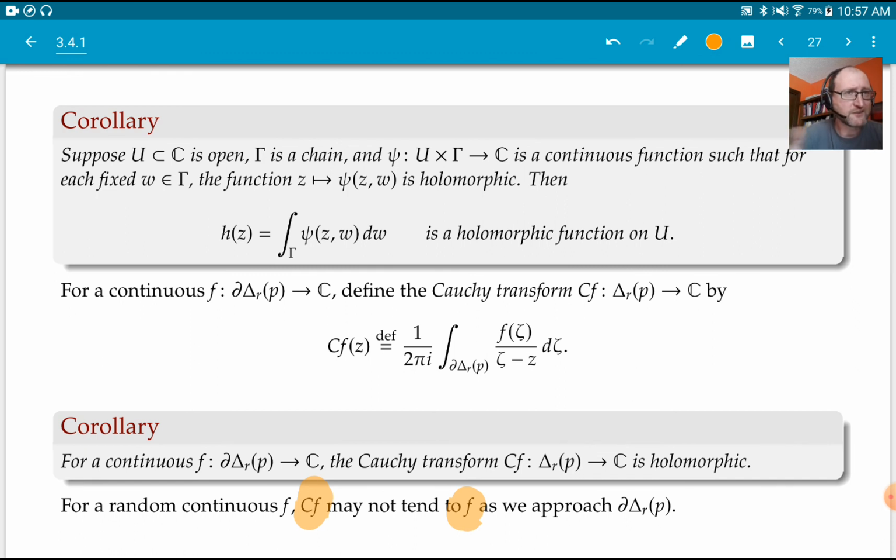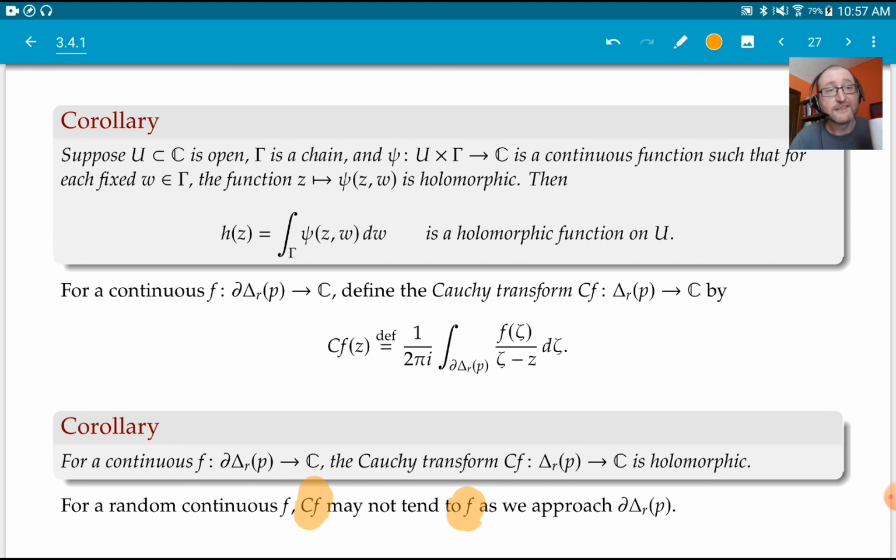F is only defined on the boundary, so you can't talk about what it is inside the disk. But even as you evaluate CF closer and closer to the boundary, this Cauchy transform might be very far away from the values of F. So F is not necessarily the boundary value of CF.